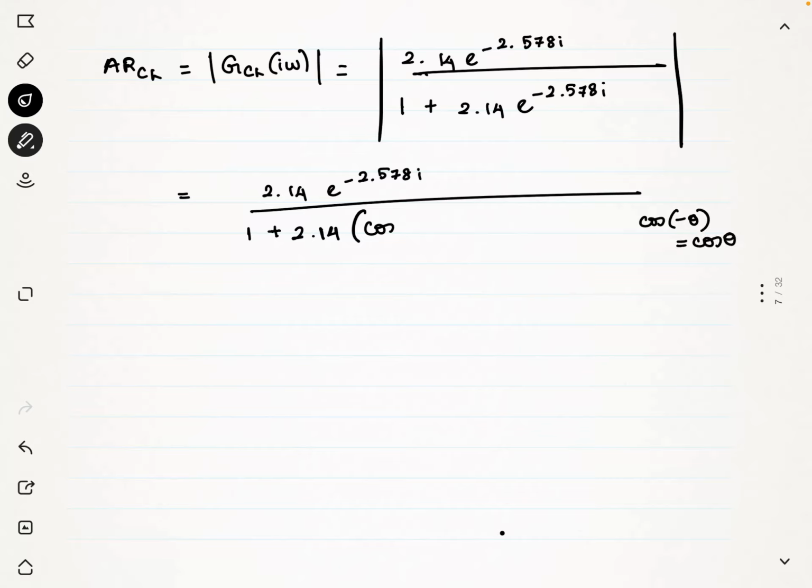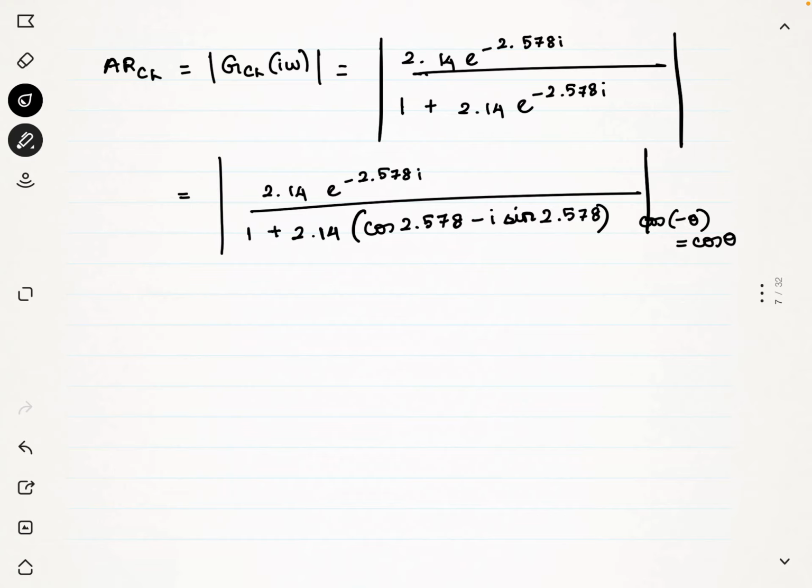This is a trigonometric rule. So what we'll have here is cos 2.578 minus i sin 2.578, whole modulus.